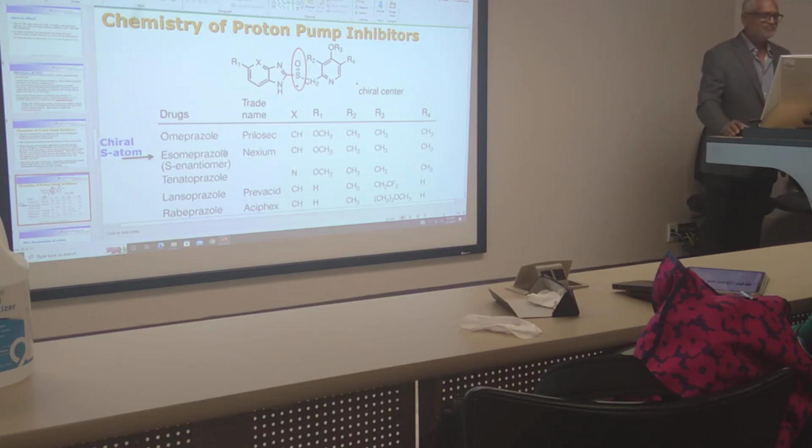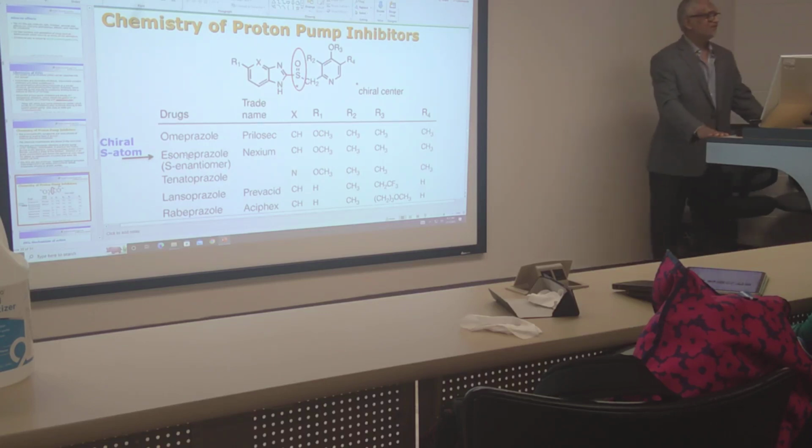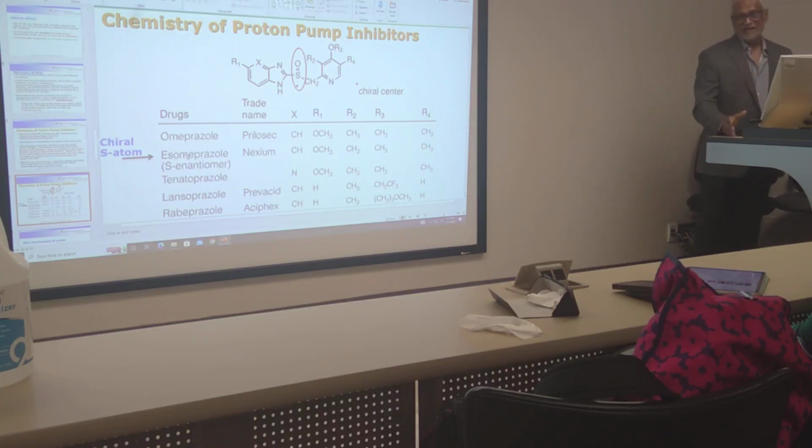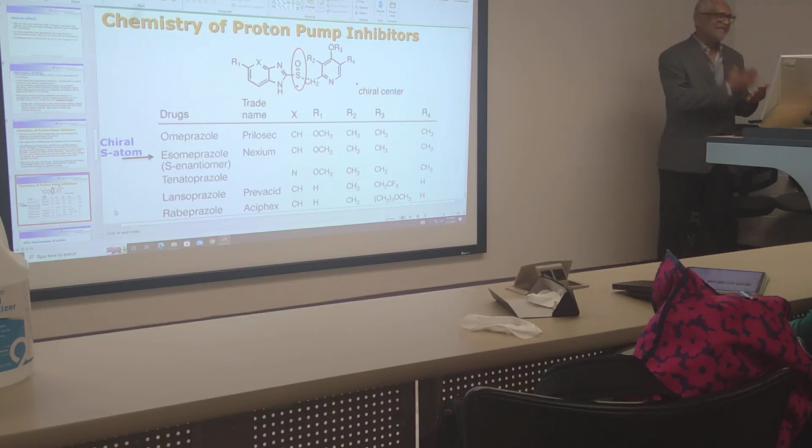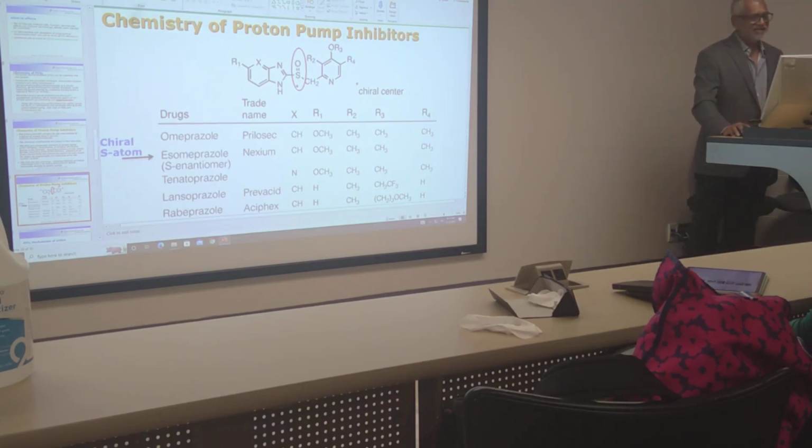What they did, when they ran out of the patent, to retain the patent, they purified this, removing the R component from the S component. The S component became esomeprazole, so they could retain the patent further on. So that's why Nexium is also called a mirror drug.